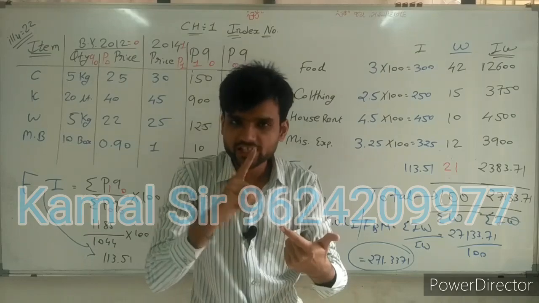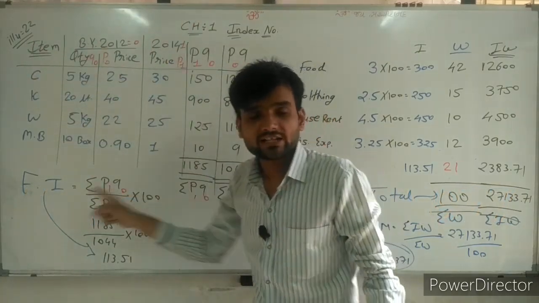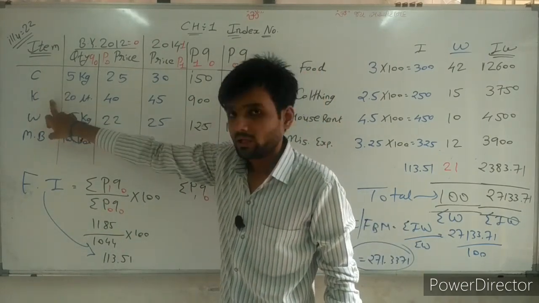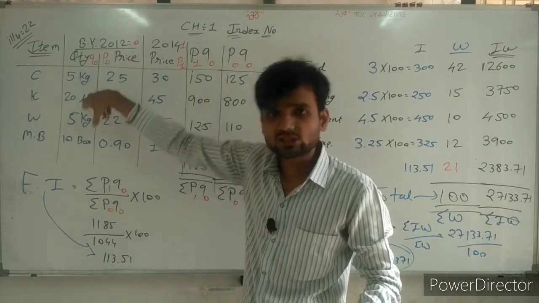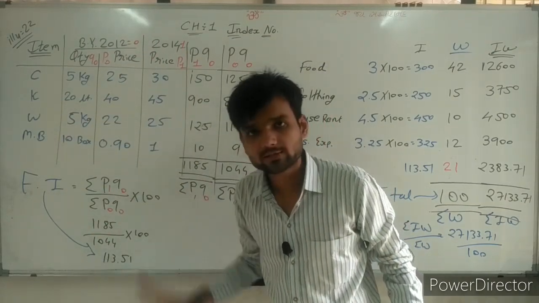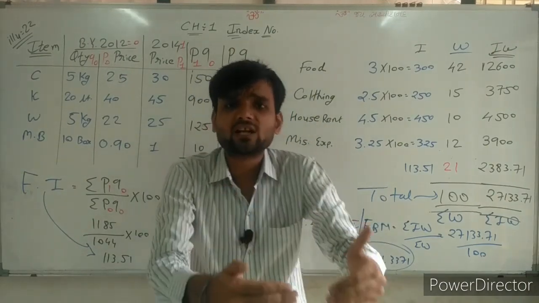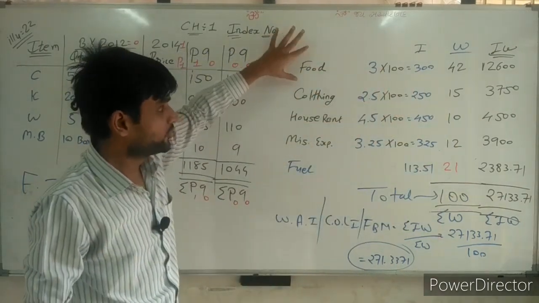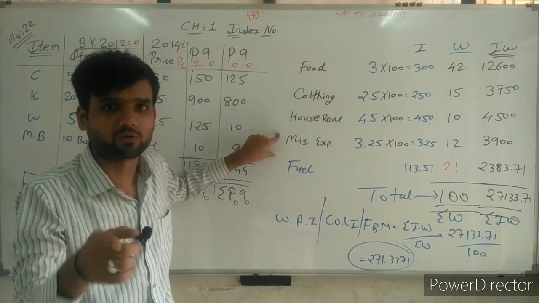So again, what is given actually first? Fuel items information is given, only fuel. See, coal, kerosene, wood, matchbox, all are fuel items. Their price and quantity are given. On this basis, I have to find the index number first. It is the fuel index number. Then additional information is given. In that additional information, food, cloth, house rent and miscellaneous information is given.